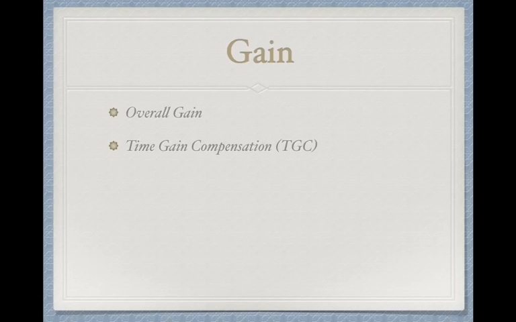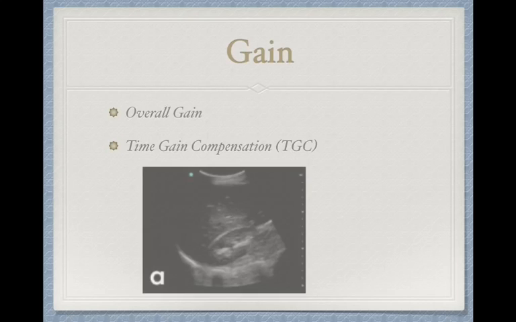So the overall gain will increase the overall sensitivity of the machine to receiving the echoes, and then the time gain compensation actually looks at near gain, mid-screen gain, and far gain, and I'll show you that in a second.